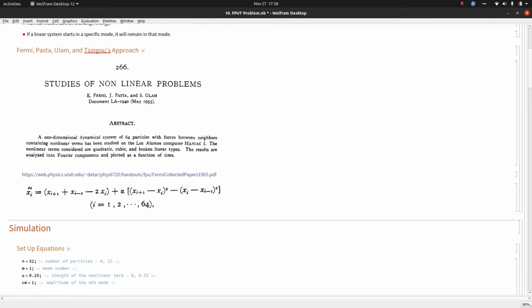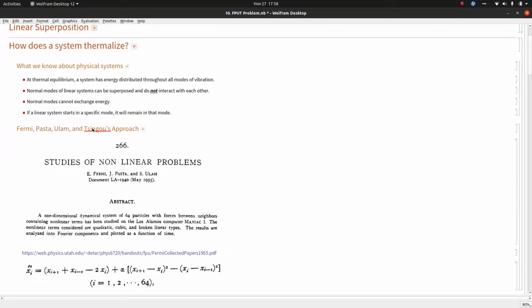Now, Fermi's hypothesis was that when you include nonlinear forces in here, all of a sudden, everything we said about linear systems, that the modes don't interact with each other, they can't exchange energy, well, that should be changed here.